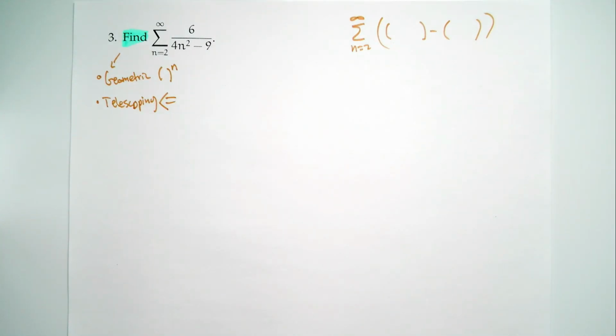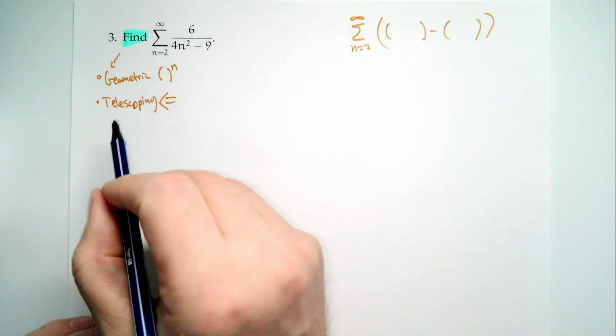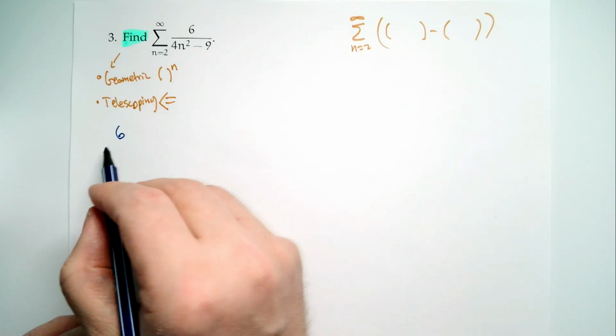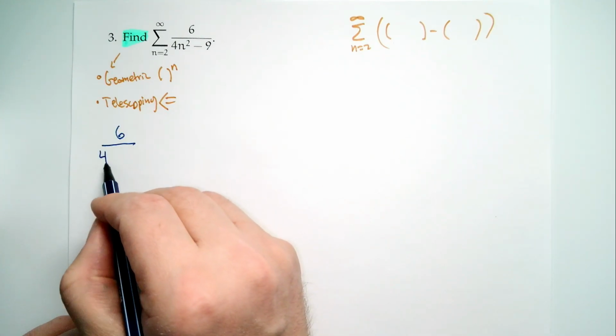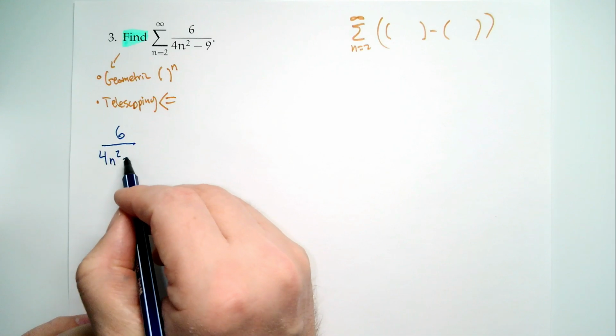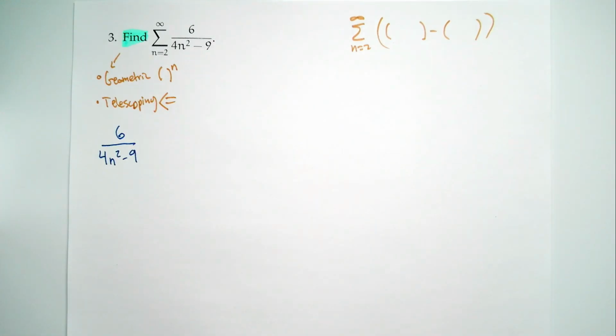Well, not surprisingly, we say, what if this were an integration problem? What would we do? So 6 over like 4x squared minus 9. Well, if it was an integration problem, we would do partial fractions. But because it's a summation problem, what we're going to do is partial fractions. See? Still works, right?